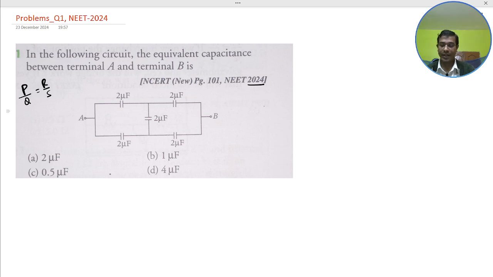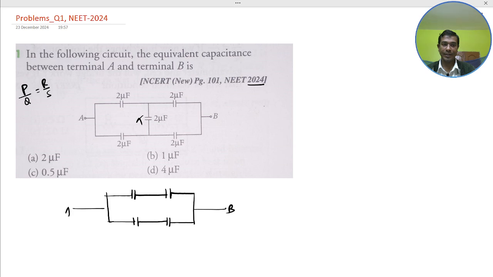So our final circuit would become: these two in parallel, this can be removed, and this is 1 and 2, and this is also 1 and 2, connected between points B and A. So the capacitance 2 by 2 here is 1 microfarad, and the other 1 and 1 are in parallel, so 1 plus 1 is 2, just reverse of resistance, so 2 microfarad. A would be our correct answer.